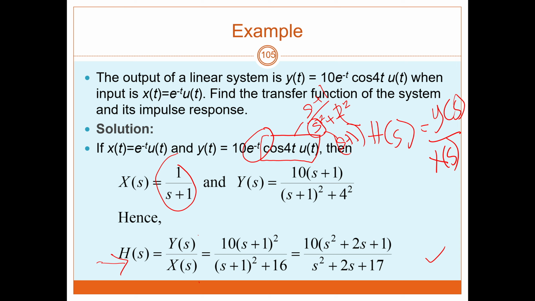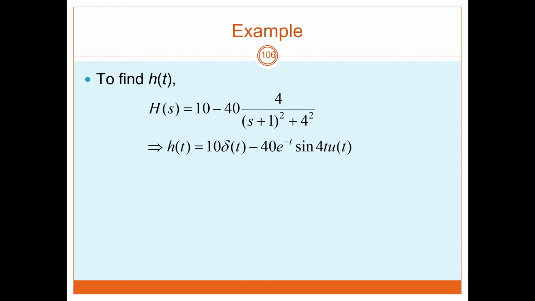Alright, so now we want to find h(t). To find it, we have to simplify this equation. In this case, the degree of the numerator and denominator, m and l, is equal. So we have to find the equivalent function not using the PFE.